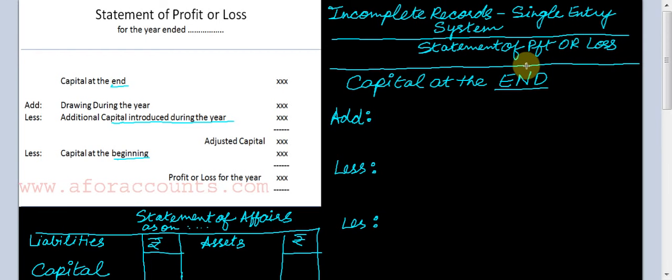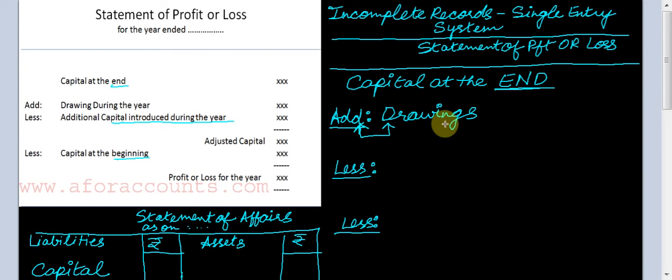Instead of start you will remember end: capital at the end, and then add less. Take this D of add and you will add the drawings made during the year. Take this D and add up the drawings made during the year.